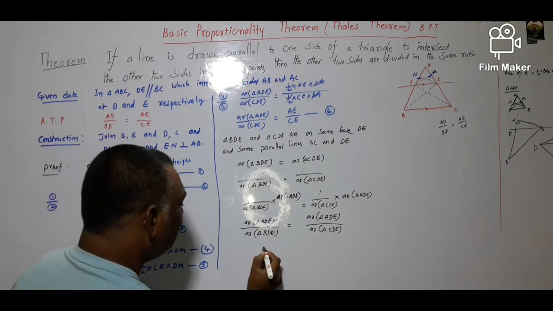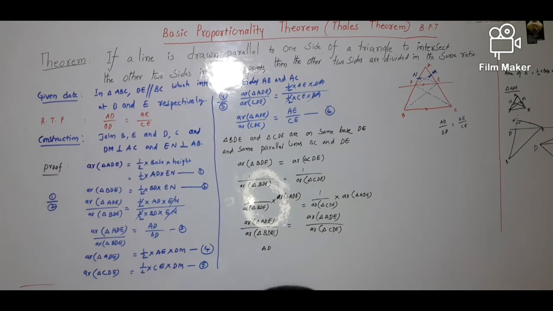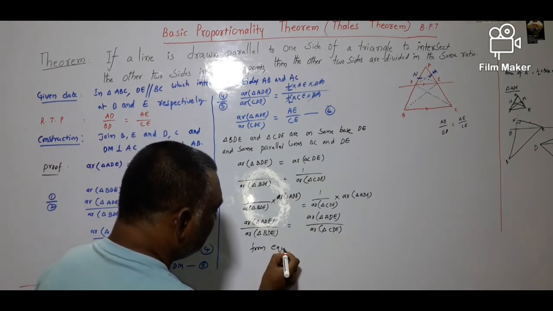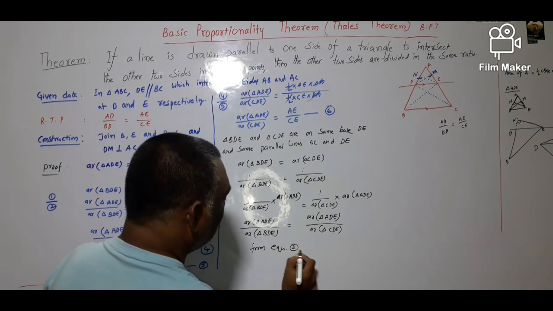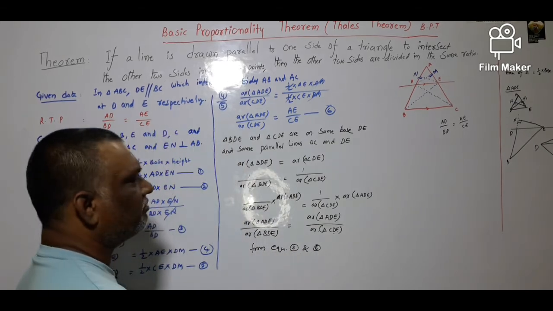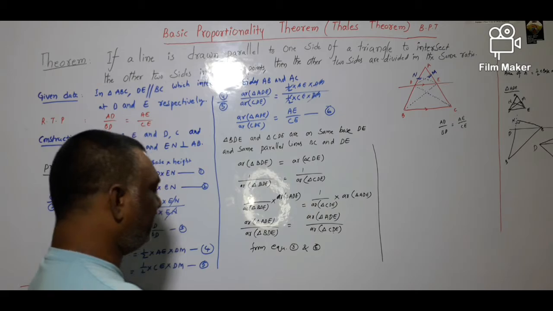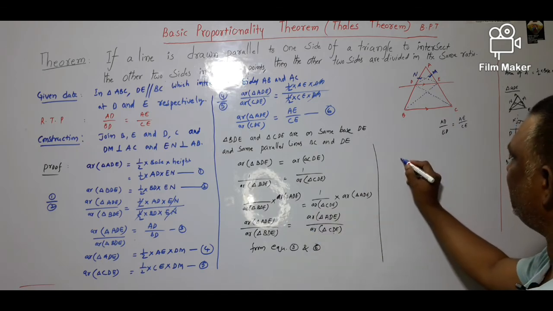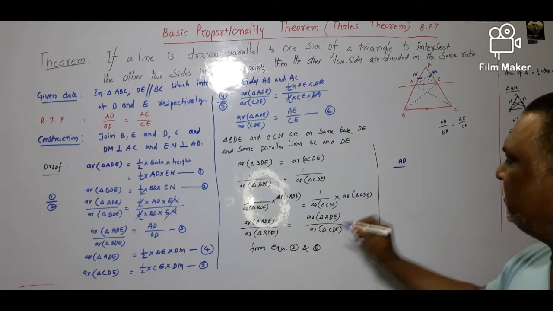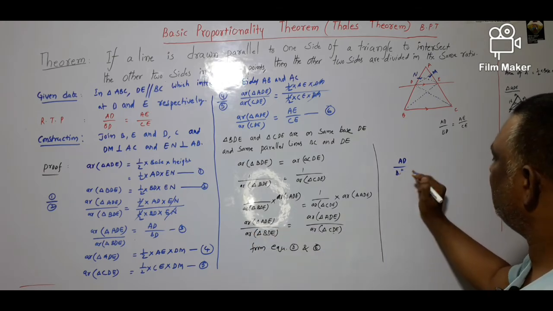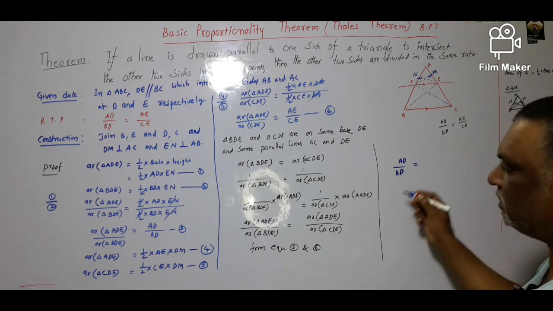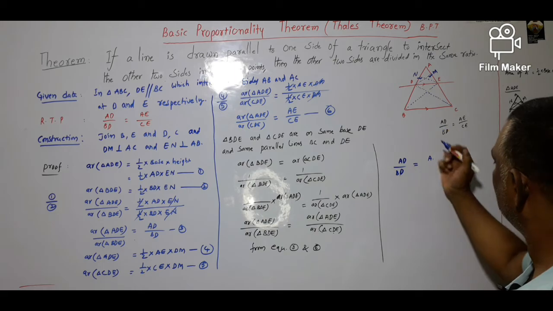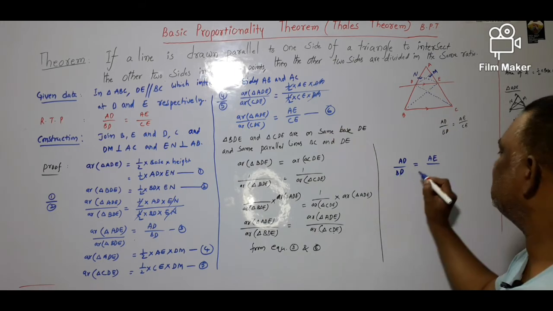Hence, from equation number 3 and 6, we write AD by BD is equal to AE by CE.